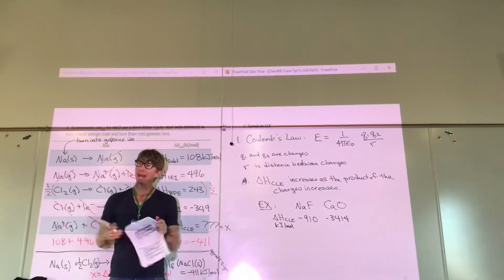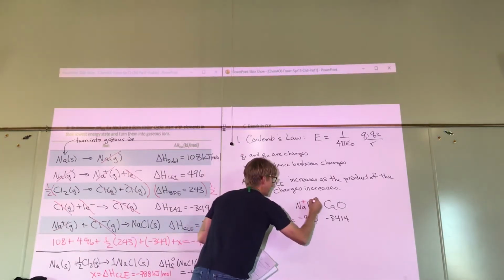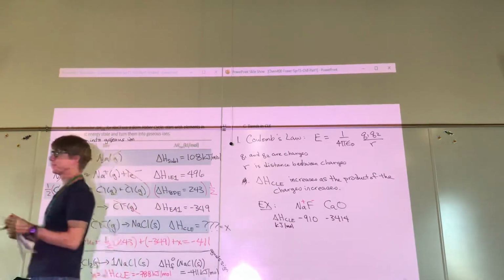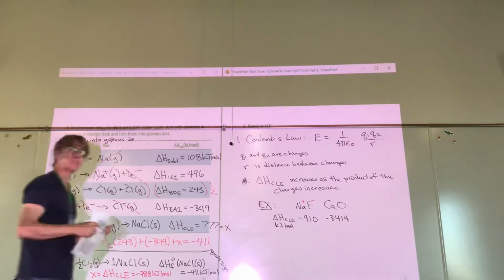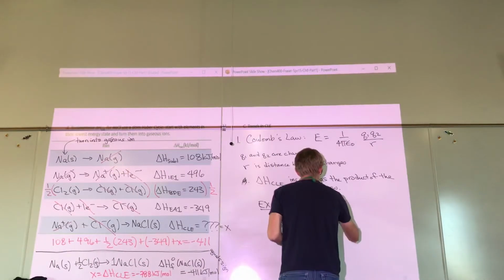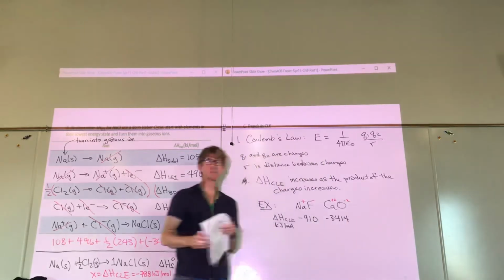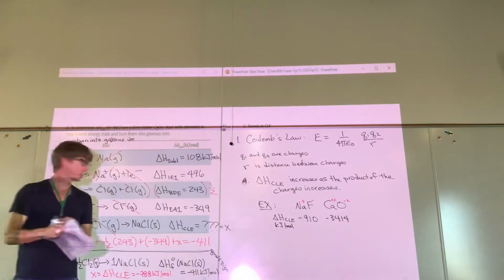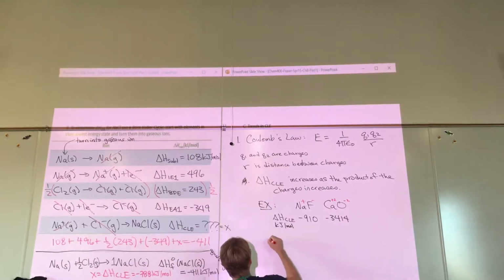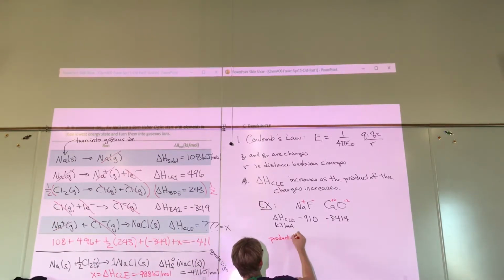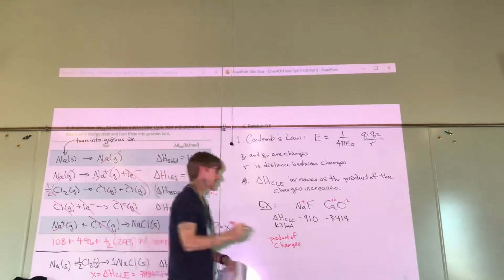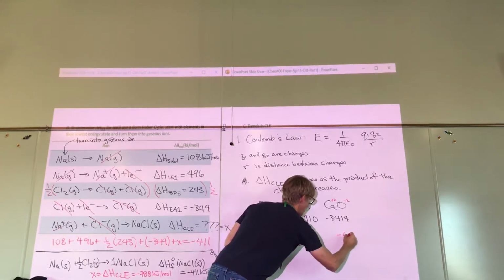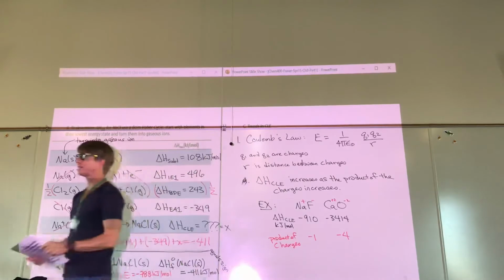Now I'm going to go back in and add their charges. Sodium fluoride is what I like to call a +1 -1 compound. Calcium oxide, +2 -2. Product of charges: well, +1 times -1 is just -1. +2 times -2 is -4.